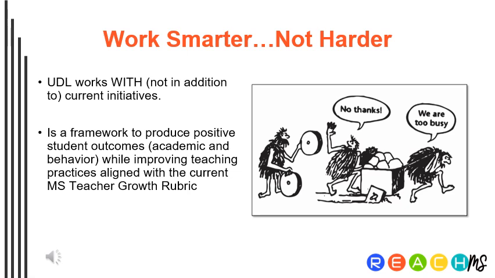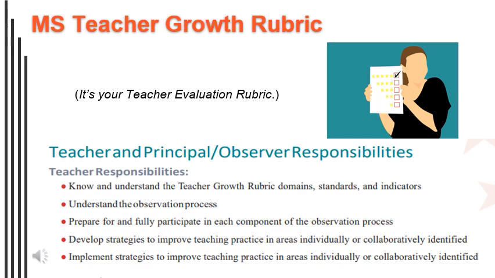It's just a framework to produce positive student outcomes academically and behaviorally while improving teacher practices that are aligned with the current Mississippi Teacher Growth Rubric. The Mississippi Teacher Growth Rubric is your teacher evaluation rubric, and it states that your responsibility as a teacher is to know and understand the domains, the standards, and the indicators.